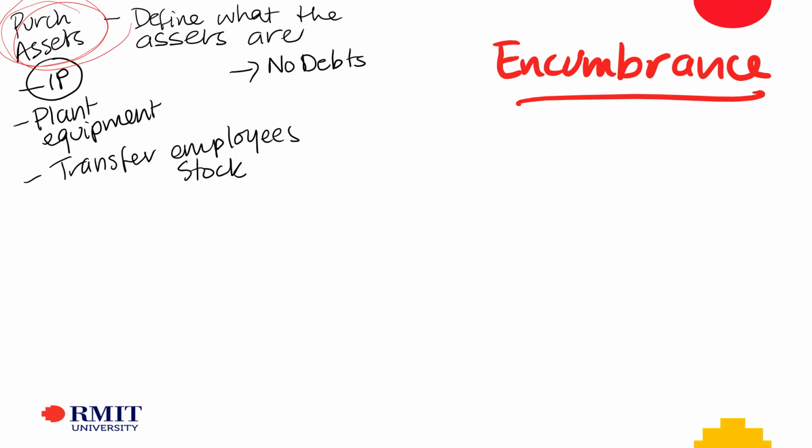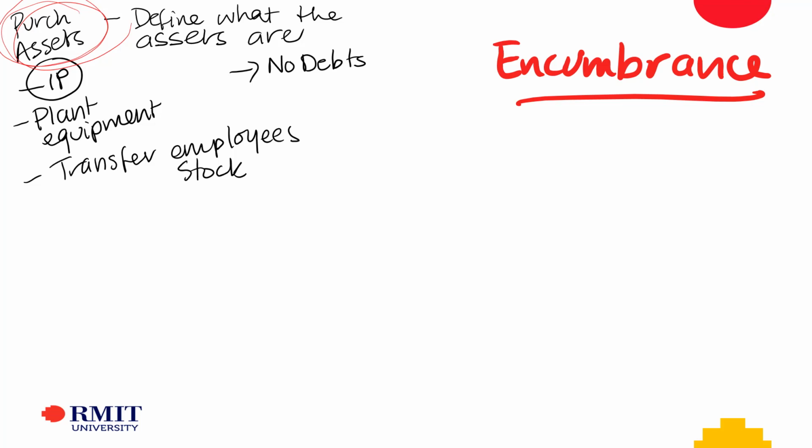Effectively, we use the term encumbrance to cover any restriction on the right to transfer the thing being transferred free and clear of any rights that other people might have, so that the new owner will get full legal and beneficial ownership.